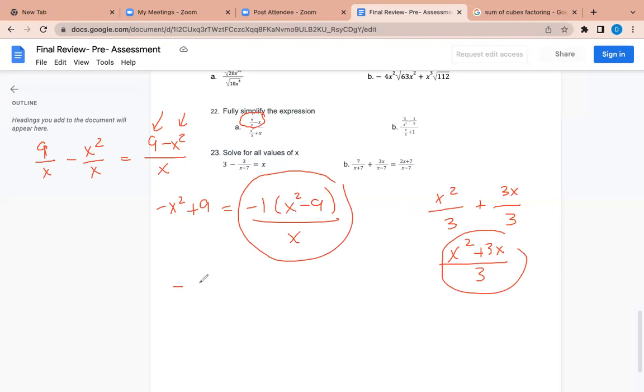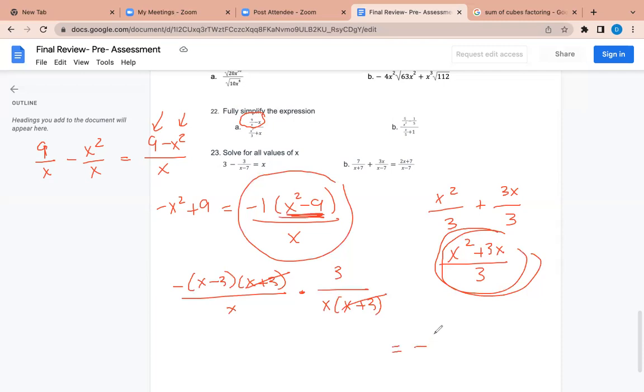So we have negative, and if you factor that out, it'll be x minus 3, x plus 3, all over x, times this bottom fraction here, 3 over, and let's factor this, it'll be x times x plus 3. Okay, you could cancel these out. I think that's about it. So this will be negative 3 times x minus 3 all over x squared.